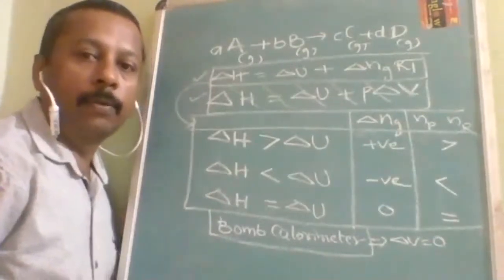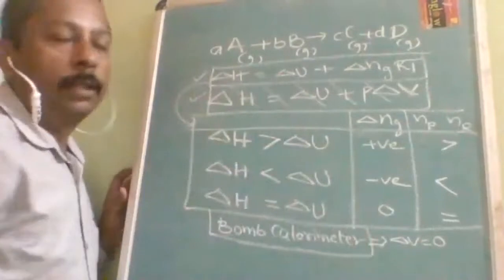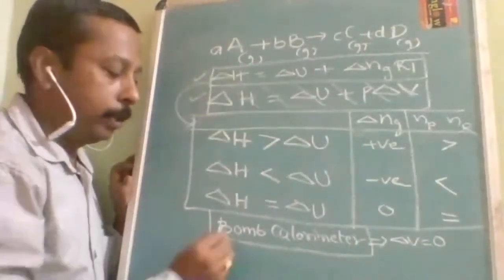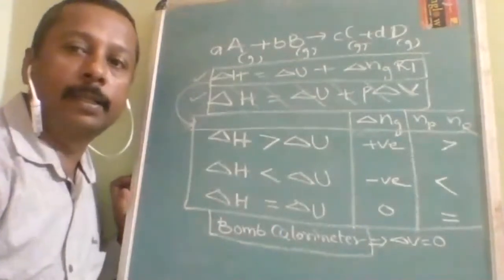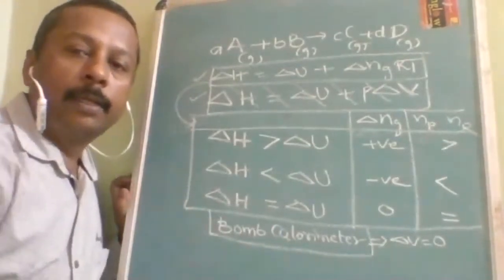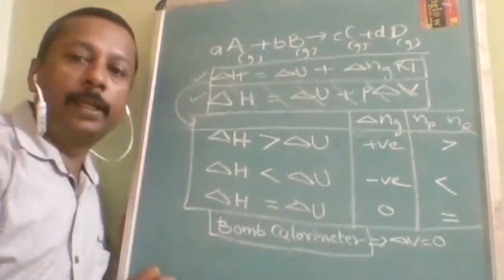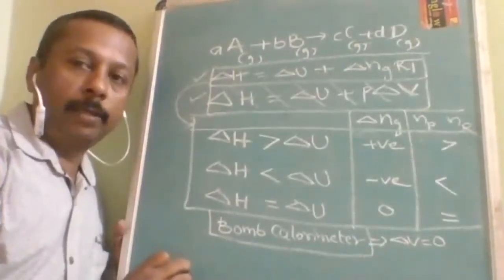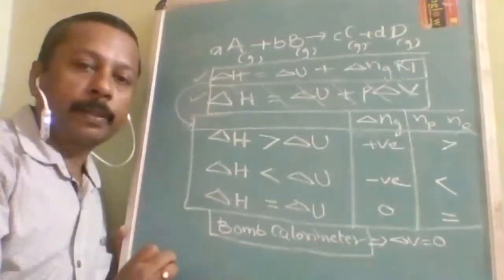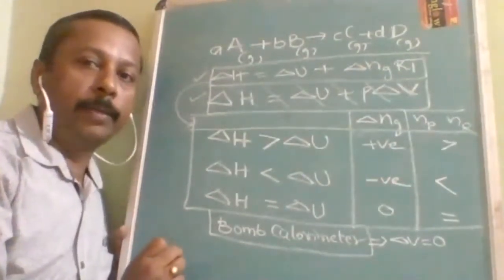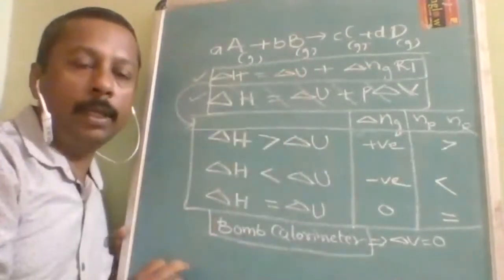So to keep the volume constant, whatever the heat given to it, that will be delta U. If some sentence says that 20 kilojoules of heat released in an experiment carried out in a bomb calorimeter, the 20 kilojoules is what? Delta U. Understood?